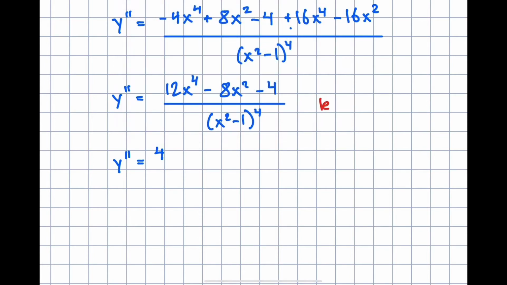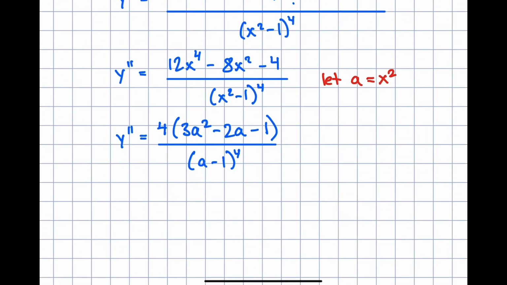I'm going to say let a equal x squared. And what that's going to do is instead of x to the 4, we'll have a squared. Instead of x squared, we'll have a. And then it's not going to change our constant in any meaningful way. And so this would technically be a minus 1 to the 4 now.